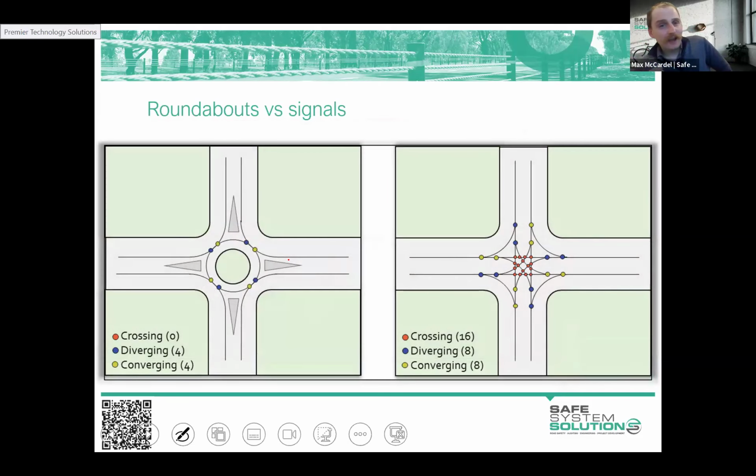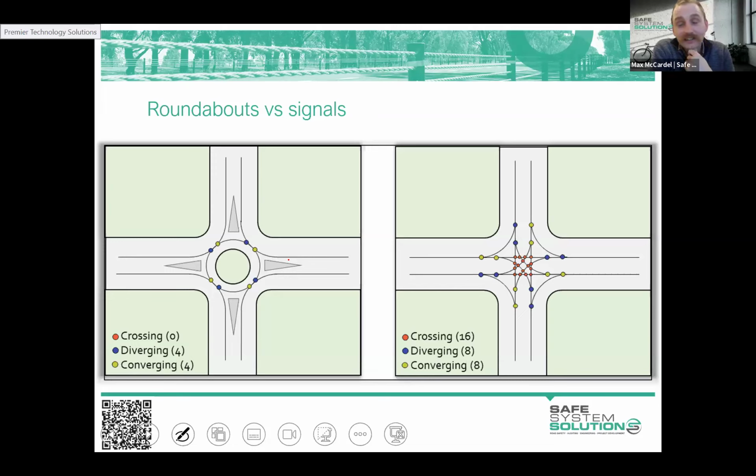But if we compare our roundabouts to our traffic signals, and not just looking at the angles and things like that and the speeds, they're also simpler in terms of where the collisions can occur. Don't get too hung up on the terminology, crossing, diverging, converging. Basically, all those dots represent where collisions could occur within a roundabout and a signal.